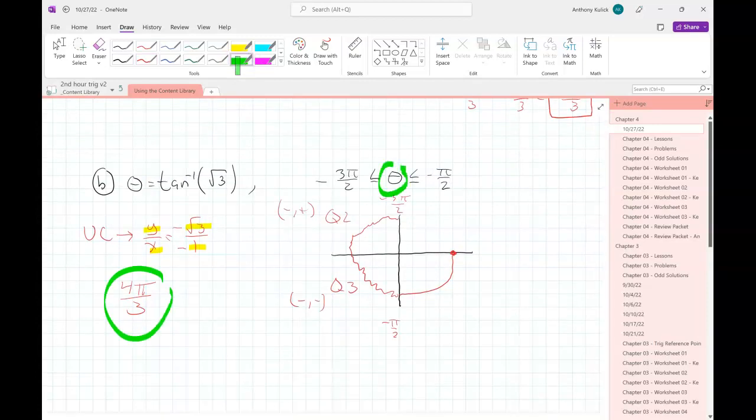No, it's clearly bigger than both of them because it's positive. Oh no, what should I do? Yeah, we'll find something coterminal by subtracting 2 pi. To do that, I need to make a common denominator. So that's going to really be 4 pi over 3 minus 6 pi over 3, which is going to give me negative 2 pi over 3.